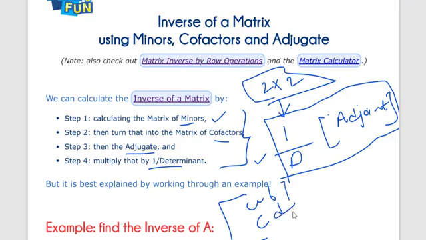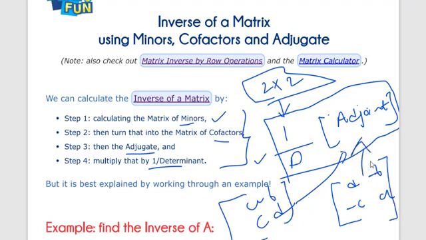Let's say the matrix is A, B, C, D. We swap the diagonal elements and change the other elements to negative sign. This is the adjoint matrix in 2 by 2.